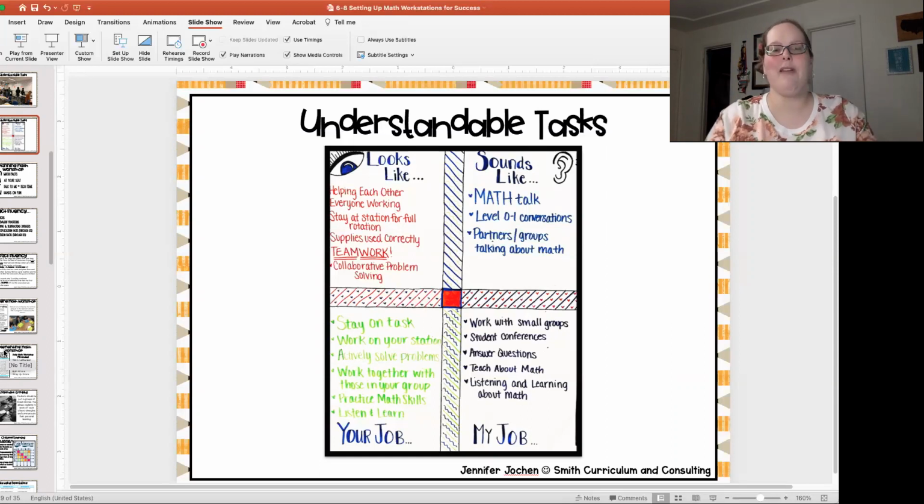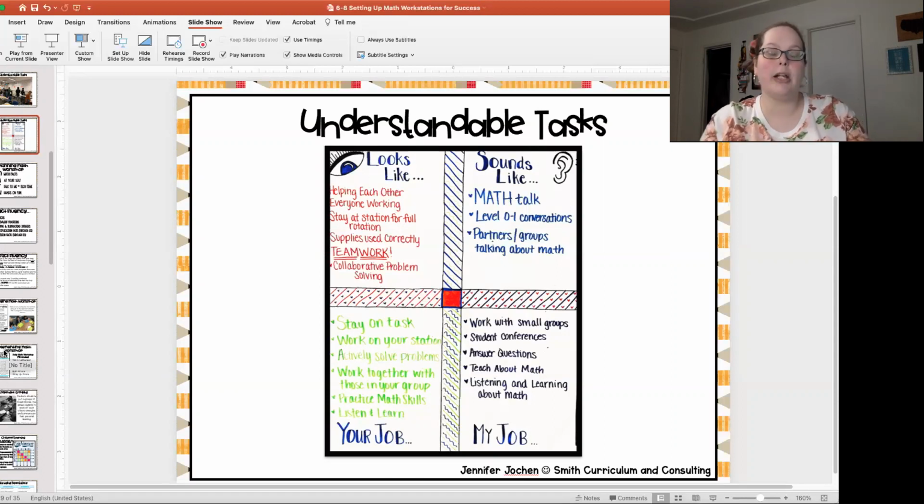And you could see I gave hand motions. So the reason I gave hand motions is that if I am back at my table working with a group of students and I see an activity that is happening that is not an expectation, I can simply look at a student, I can point to my eye, and they know that they are not looking like what they should be doing for Math Workshop. Same with sounds like.